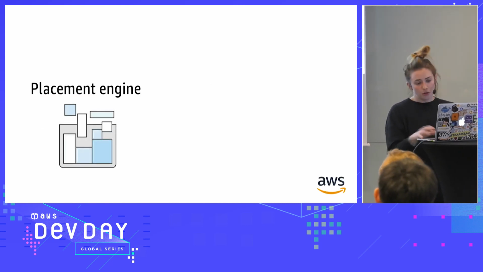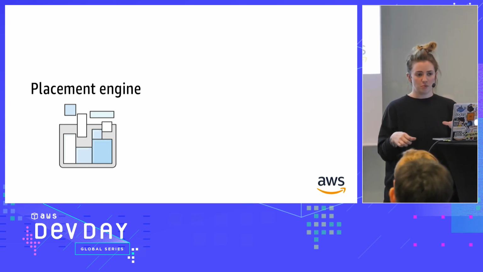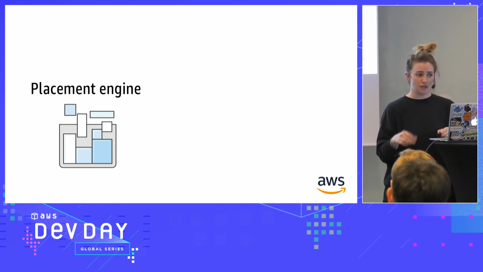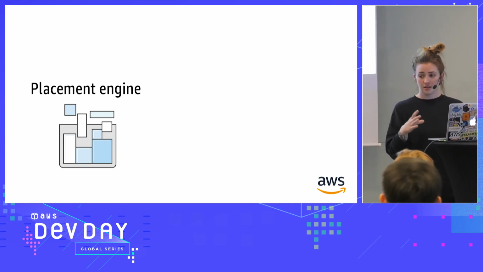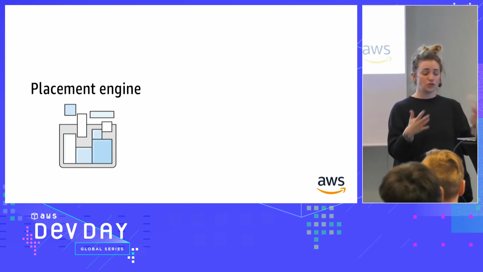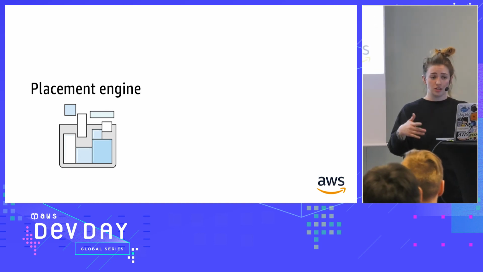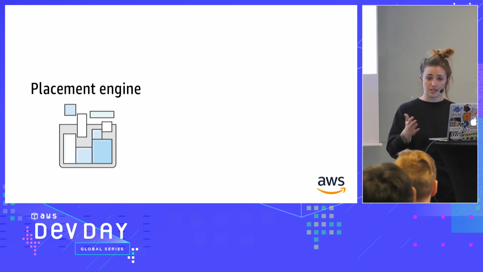Placement engine. Before we start, this is one of the things I've been talking about all day: there is a default here that does not require you to do anything. You could take the easy option if you don't have a lot of tuning that you want to do. You do not have to choose how ECS places your tasks. You have the option to customize how it places them and what strategies it uses, and you can get very fancy.